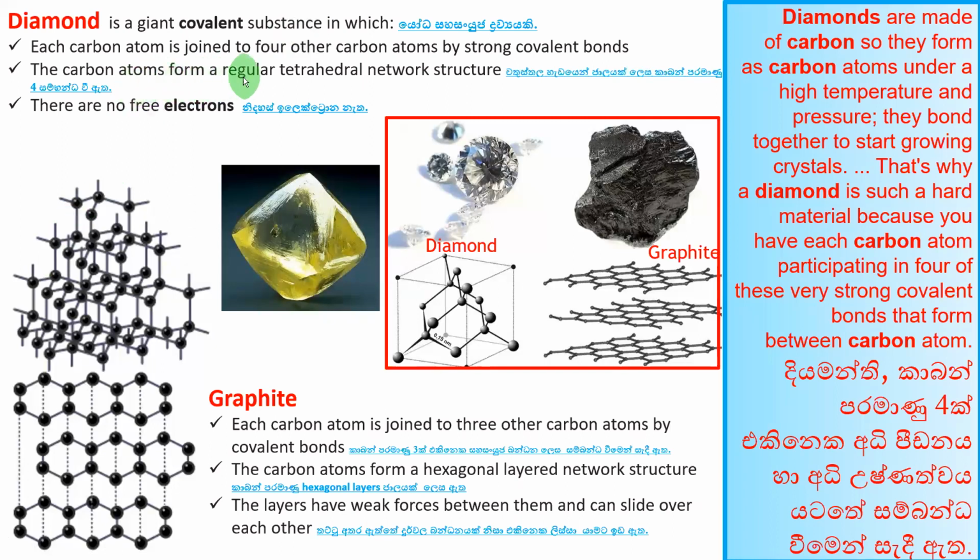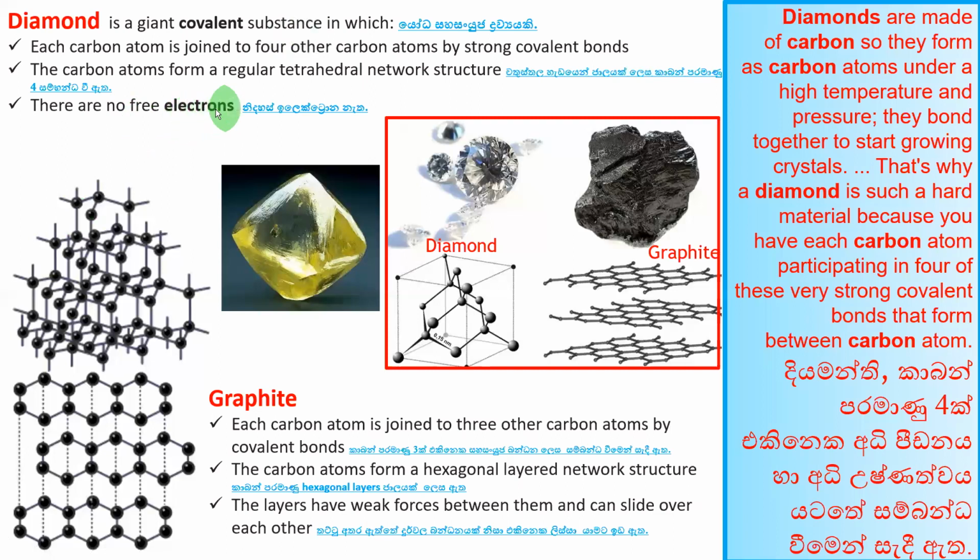The carbon atoms form a regular tetrahedral network structure. This network structure is called tetrahedron. It is this. This is a rough diamond. 4 sides. Pyramids. Double pyramids with 4 sides together. So that is called tetrahedral. So this tetrahedral is created with 4 carbon atoms.